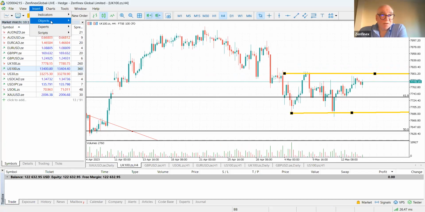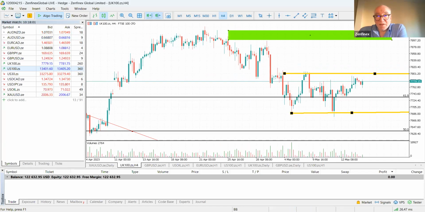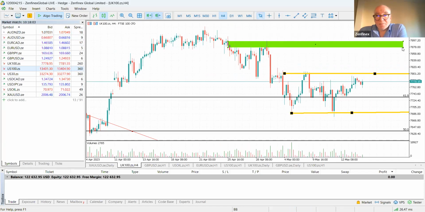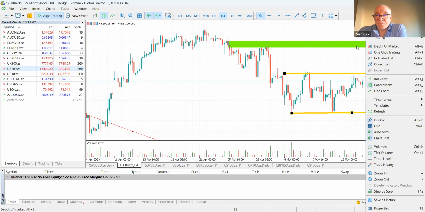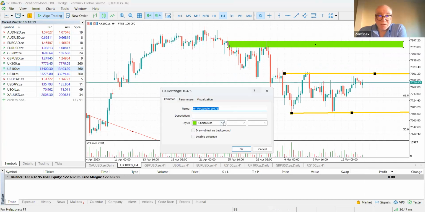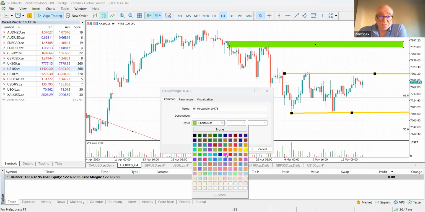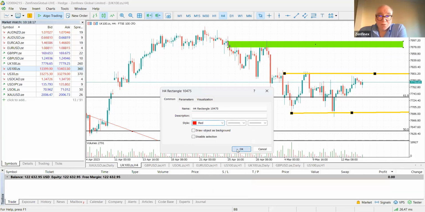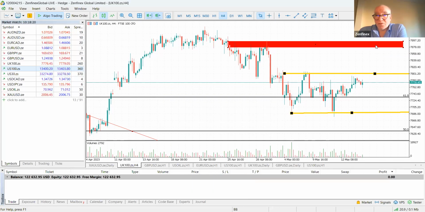Let's draw an object in there. So we can see here there's quite a bit of rejection here. Let's just make that red, because if we get to that level, we really want to be thinking about either exiting our long position or looking for some reversals. Oops, that's a bit too bright here.